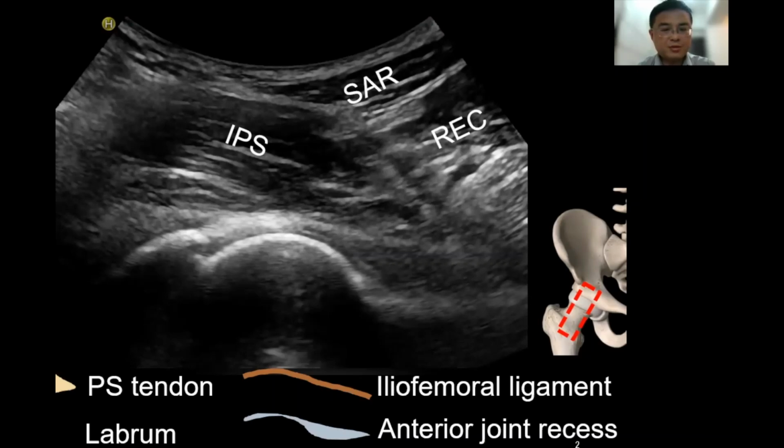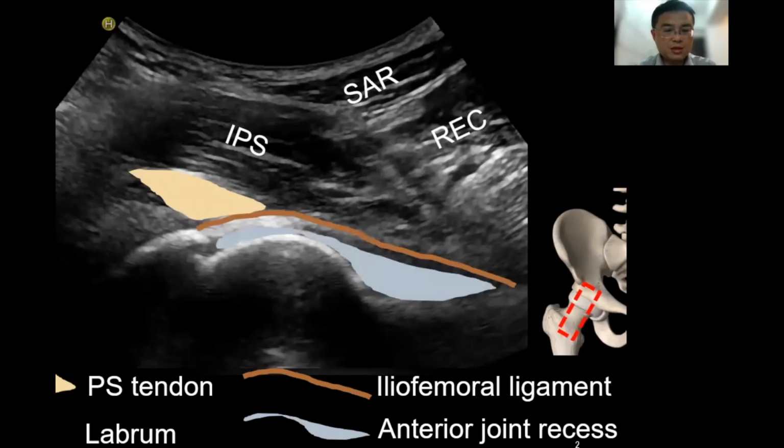And then you can see several anatomic structures. For example, the psoas major tendon and the iliofemoral ligament, and of course, our target is the anterior joint recess. You can find that there is a hyperechoic triangular structure extending from the acetabulum.